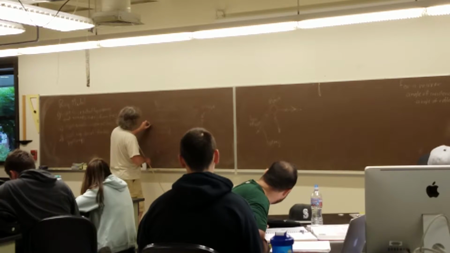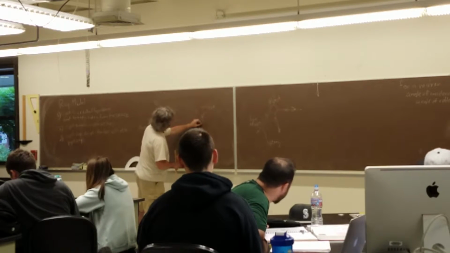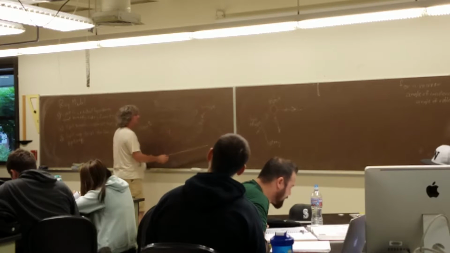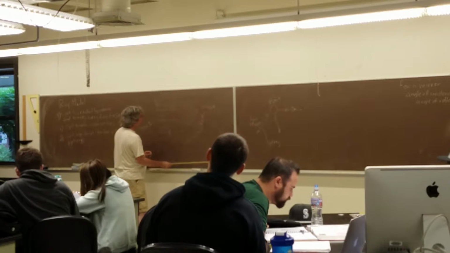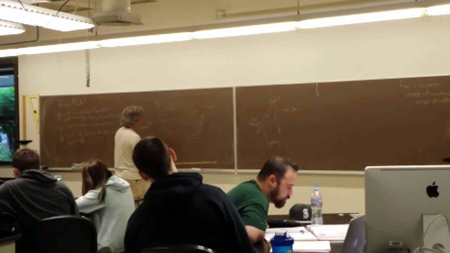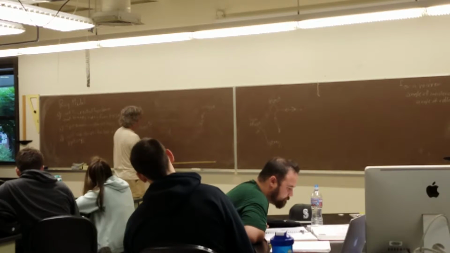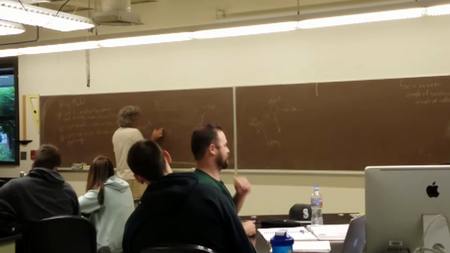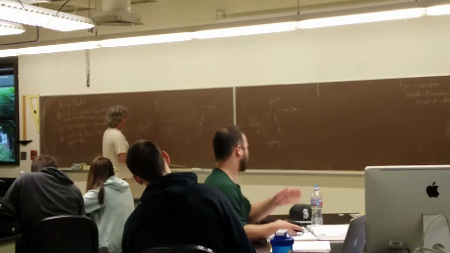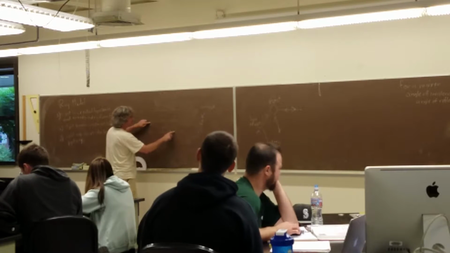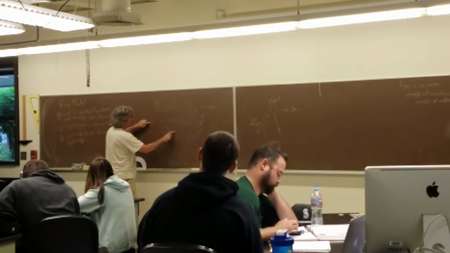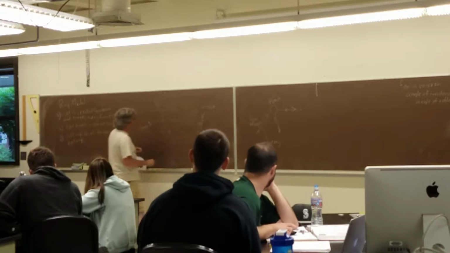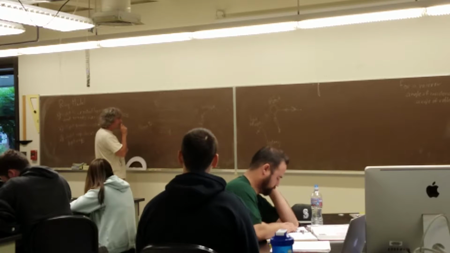This angle has to be equal to that angle. And if those are similar triangles, then these lines need to be proportional to each other. So the length of this line related to the length of this line is the same as the length of this line related to the length of that line.